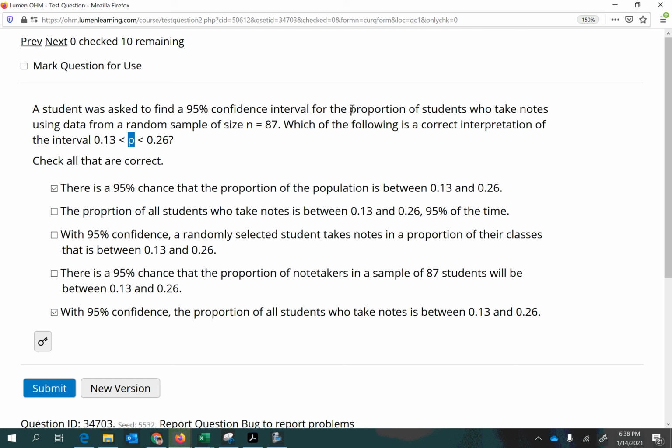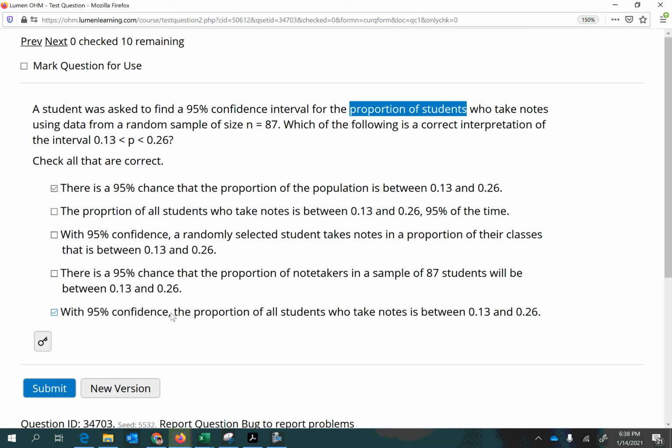It was specified that we're talking about the proportion of students, which could be different from just saying the population, because maybe you mean all the people in the US, or maybe you're narrowing it down to students only in the US. So this one is more specific and it matches the statement up top.